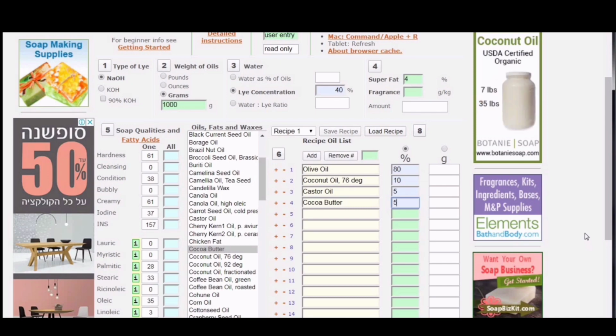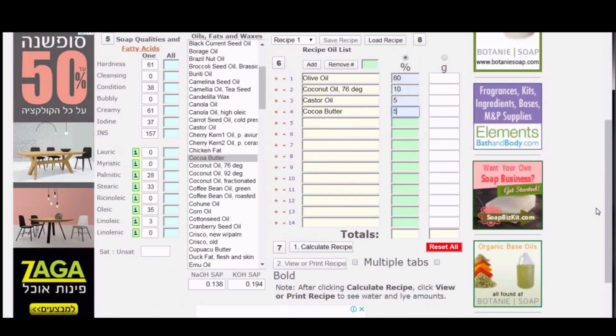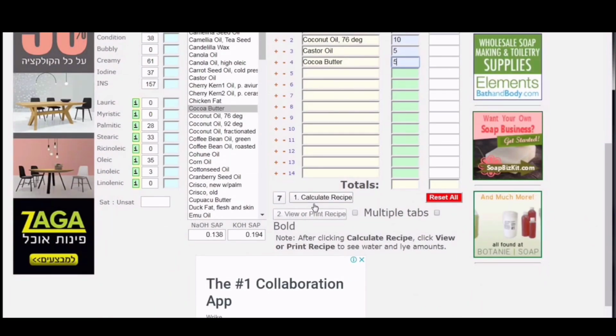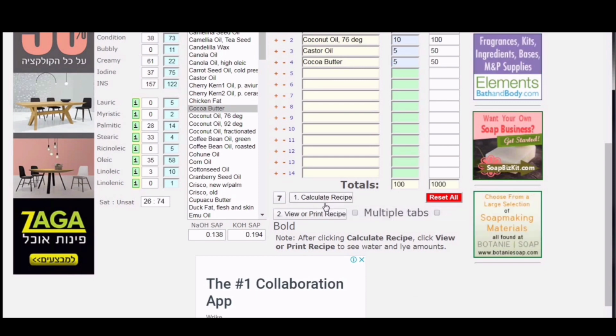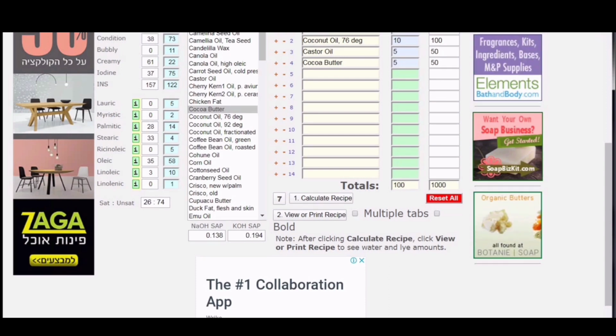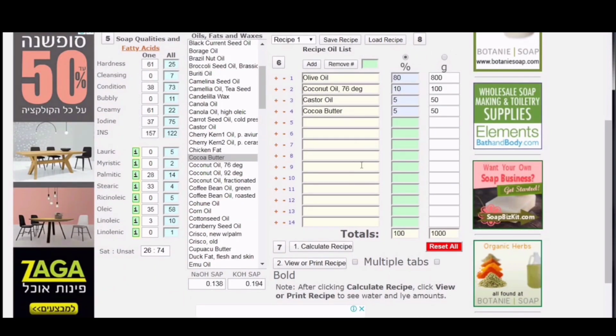So when you're done doing all this, then you come to this section where it says calculate your recipe, and you click calculate, and immediately it gives you the total. It sums everything up for you, and we have the percentage summed at 100, and it gives you the gram of the oil, which is 1000 grams.